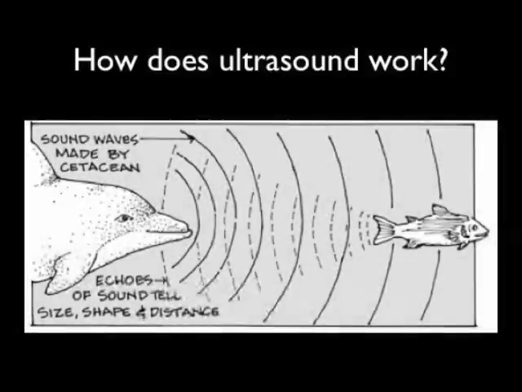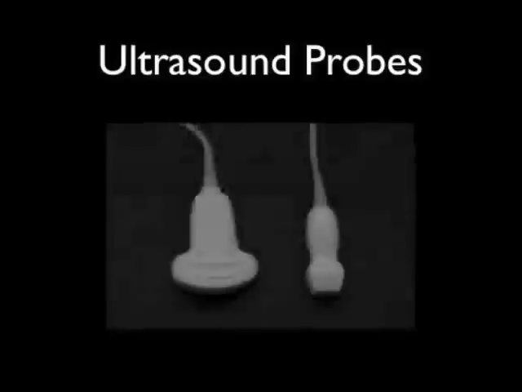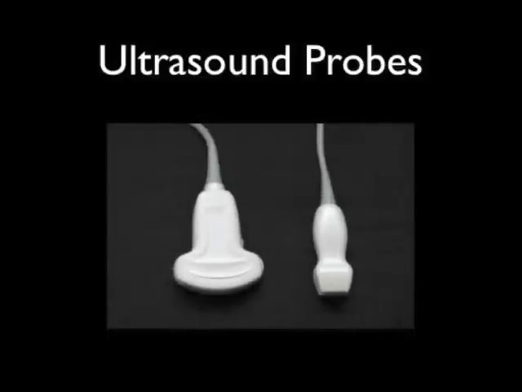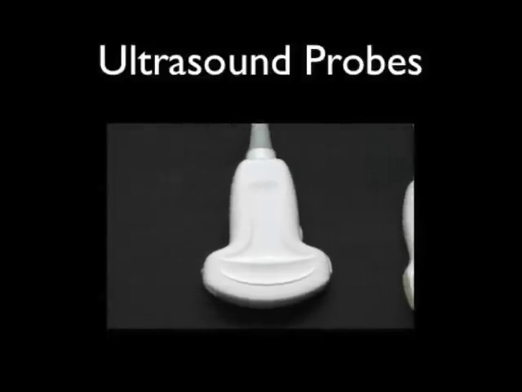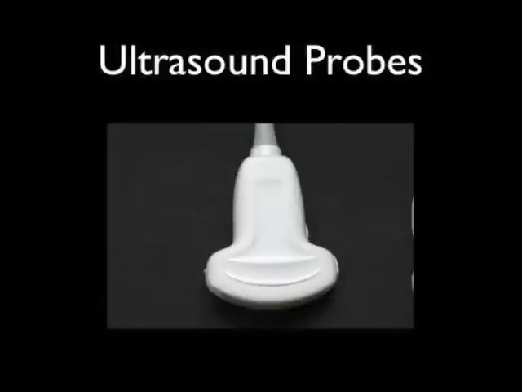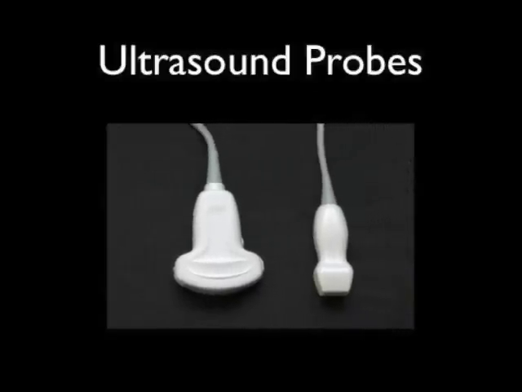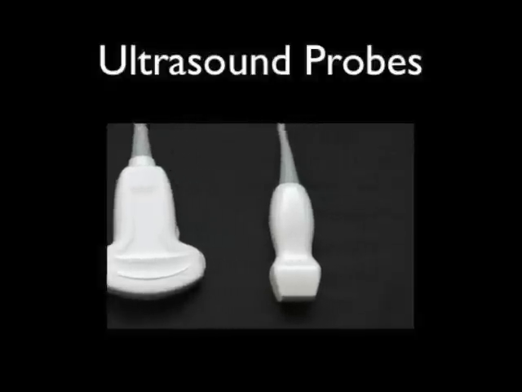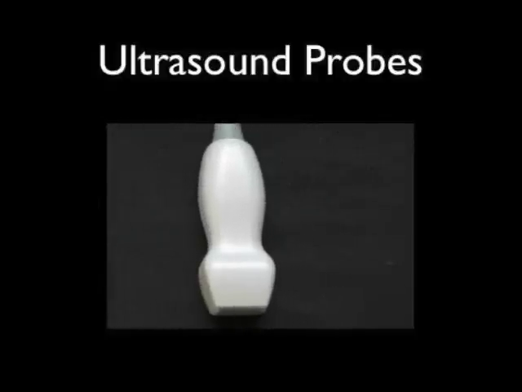Ultrasound is really no different than sonar employed by dolphins, where they use echoes to understand sizes, shapes, and distances of the landscape underwater. In medicine, we employ transducers or probes, from the curvilinear abdominal probe to the cardiac probe. These ultrasound probes create sound.